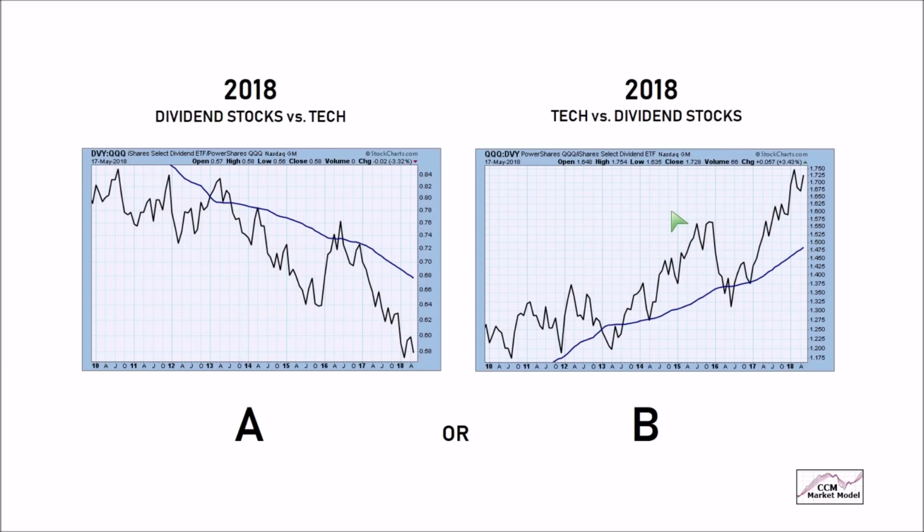If we look at these charts here, the same concepts apply to dividend stocks relative to tech. It's not just master limited partnerships. The long-term trend between dividend stocks, DVY, and the triple Qs is down. The long-term trend between the triple Qs and DVY is up. Again, how long this will last, anyone's guess. We don't predict. This is what we have in front of us today. All right, let's move away from tech because we said we were using tech because it's the market leader.